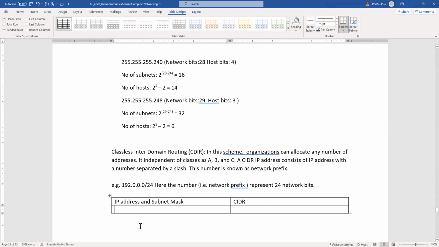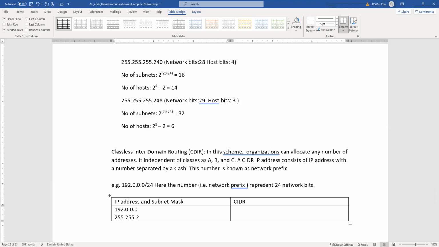For example, the previous one we will represent like this: 192.0.0.0 is the IP address, and the subnet mask is 255.255.255.0. In CIDR, you have 192.0.0.0/24.